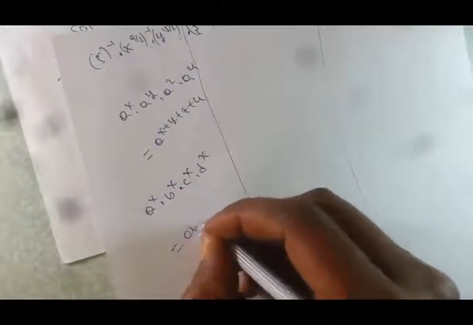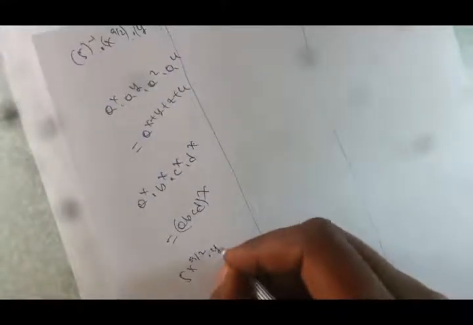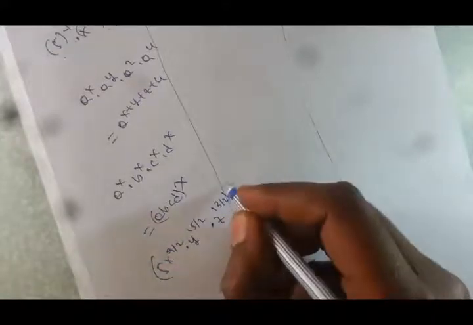This is equal to abcd raised to x. Therefore, we have to multiply this: 5 x raised to 9 over 2 times y raised to 15 over 2 times z raised to 13 over 2 raised to minus 1.